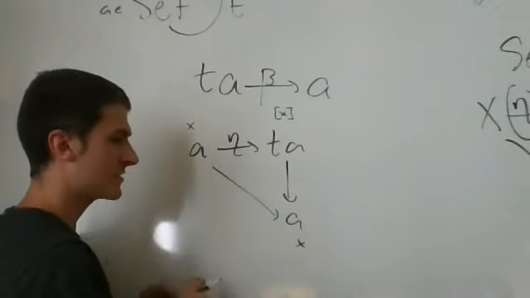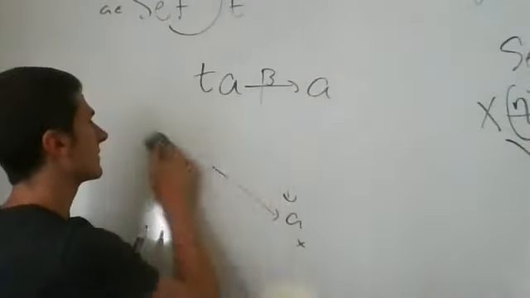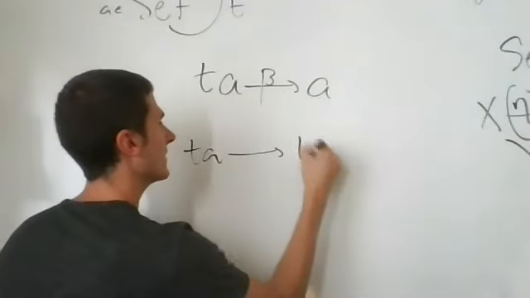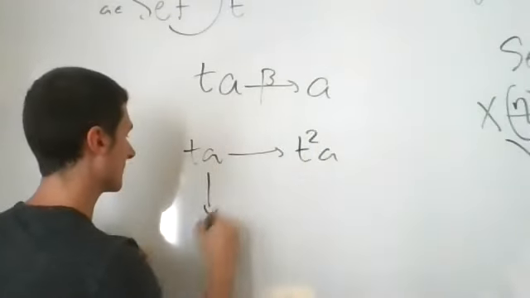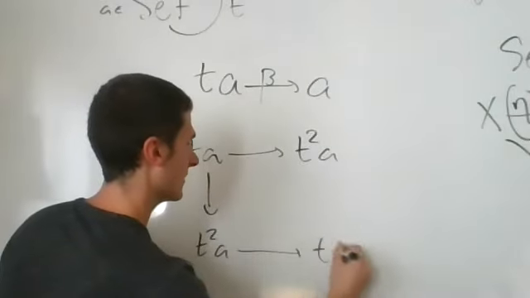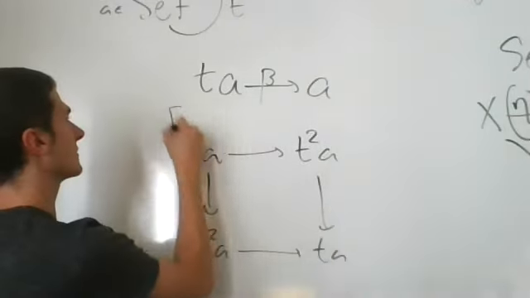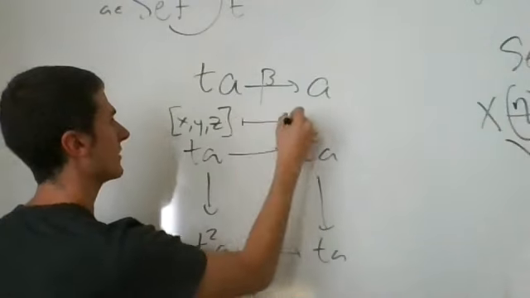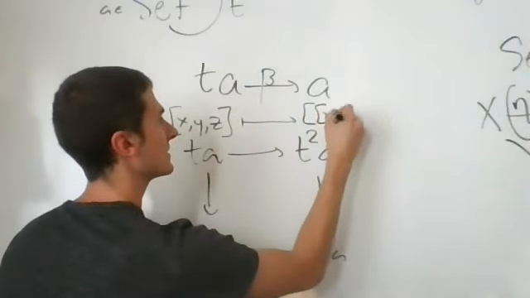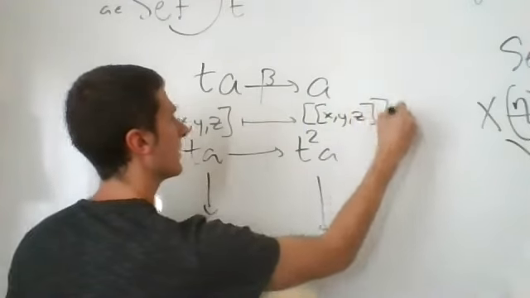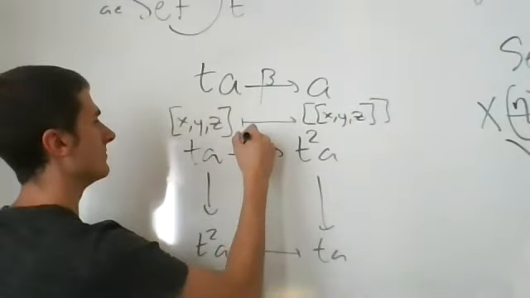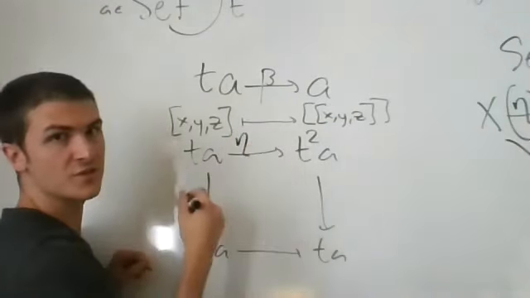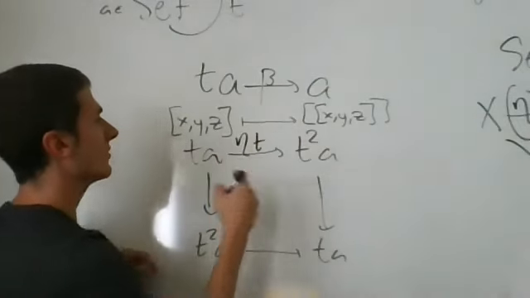You have some list. So you have some list here, X, Y, Z, and there's two kind of silly things you can do with it. You can either make it a list of lists like this, where this corresponds to post-composing with the unit.